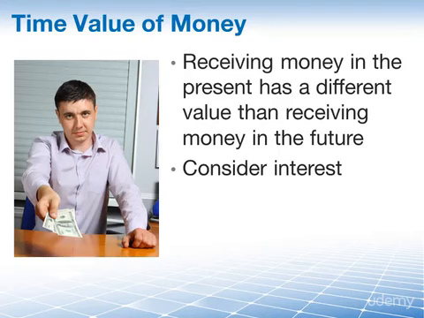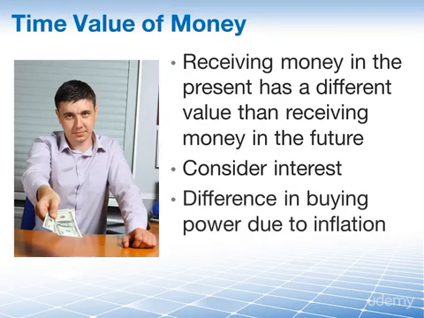There is also inflation to consider, however, so you might have more buying power today. In other words, you can get more with the $100 today than you would with $100 a year from now when inflation has gone up. And clearly, given this choice, you should select to get that $100 now instead of waiting a year to get the same $100.